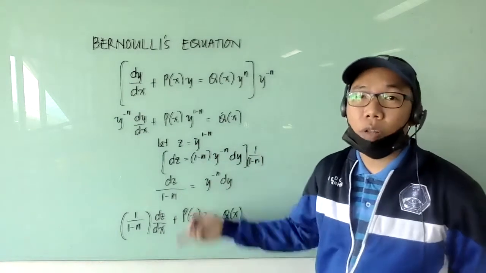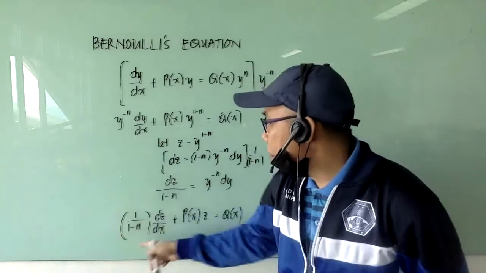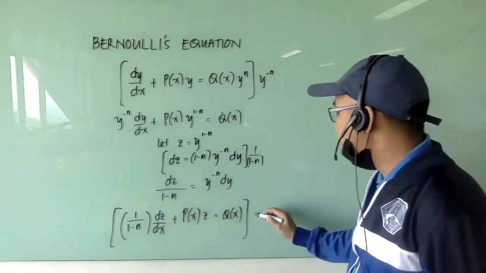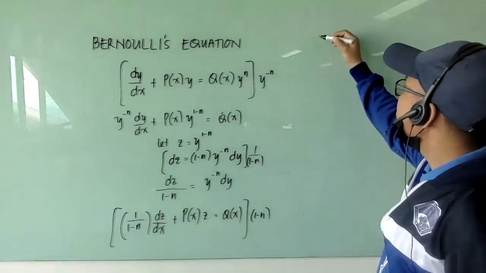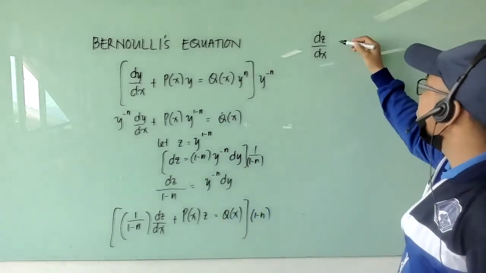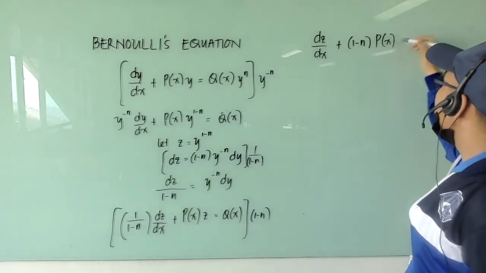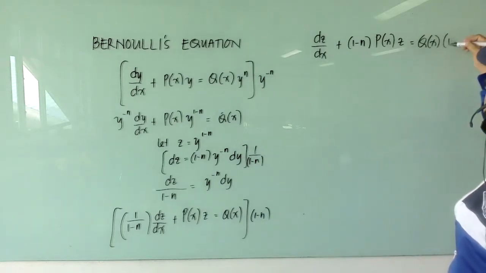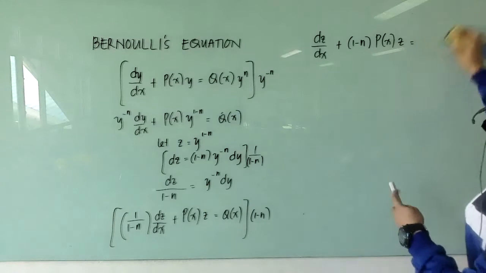That's how we solve a linear equation: put the equation into standard form. So we should remove this coefficient here. We multiply the entire equation by 1-n. So we have dz/dx + (1-n) p(x) z equal to (1-n) q(x), or you can put 1-n first since this is a constant.